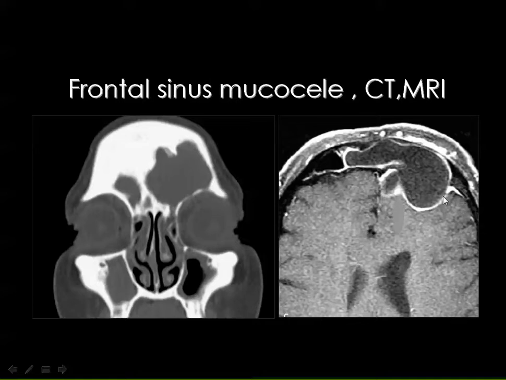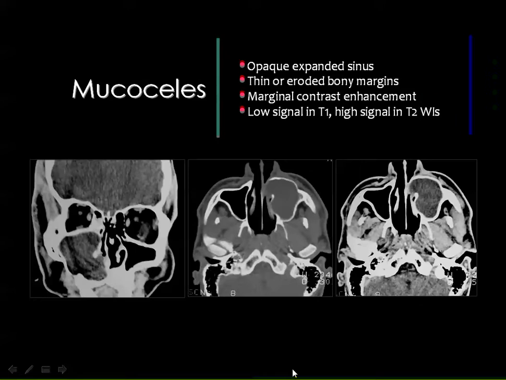As in any case of sinusitis and mucoceles, if you inject the contrast media, it will show marginal enhancement, and this can help to differentiate tumors from mucoceles, because tumors will show either homogeneous or heterogeneous contrast enhancement.